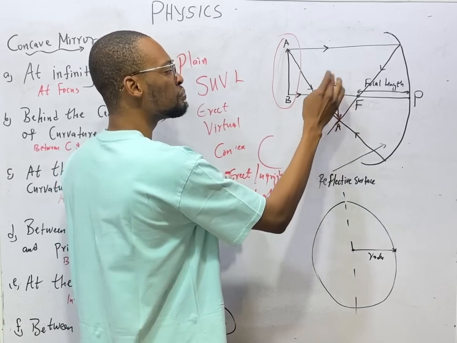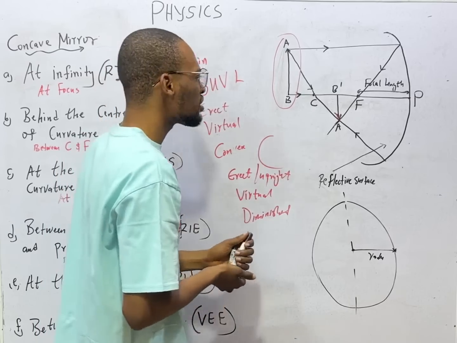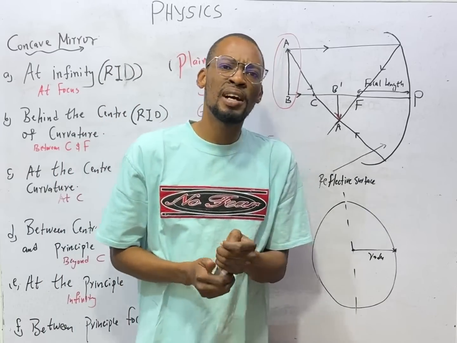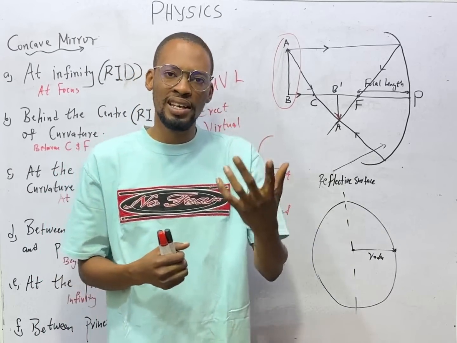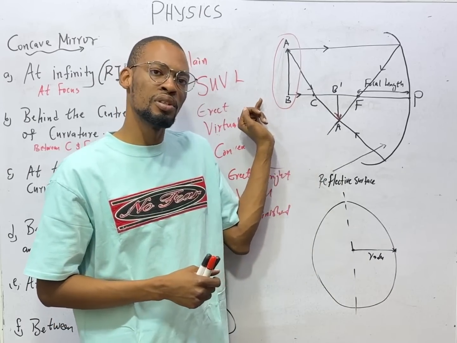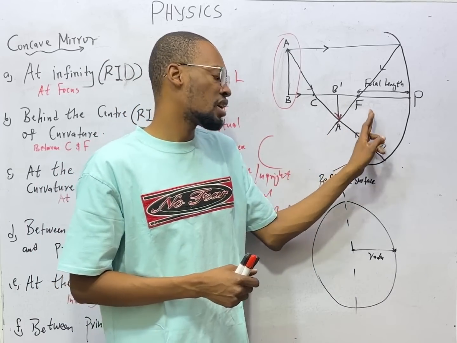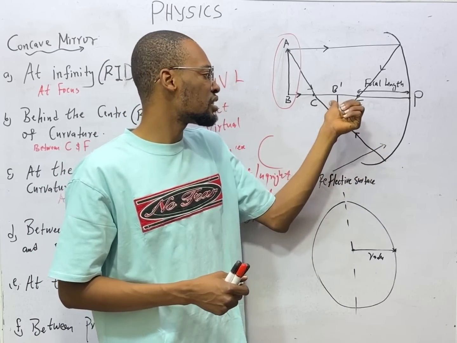The image formed is BA, meaning it has turned, it is inverted. So what does this tell you? Anytime an object is placed behind the center of curvature, the image that is formed will be between the center of curvature and the focus. And this image is inverted.